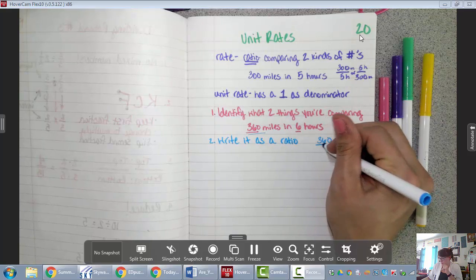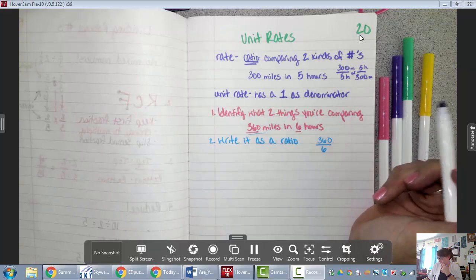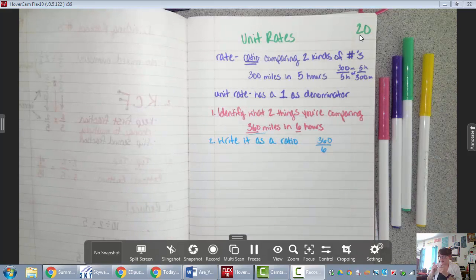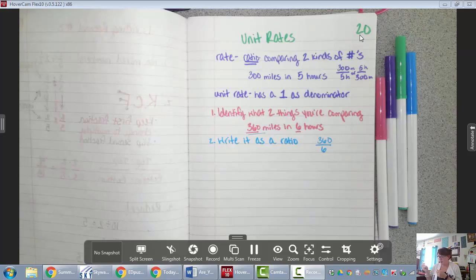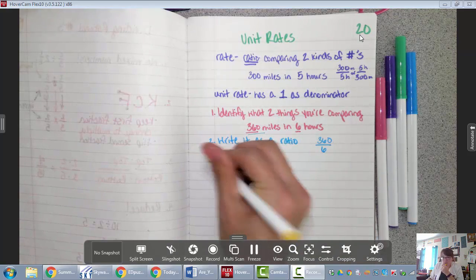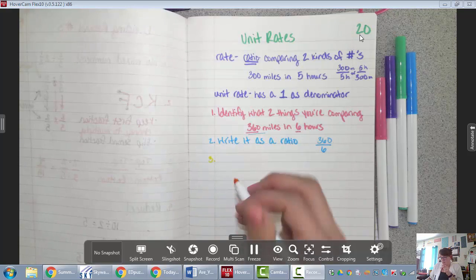This is second. It becomes the denominator. I'm going to leave it like that because step 3 is going to be to simplify so it's a 1 on the bottom.